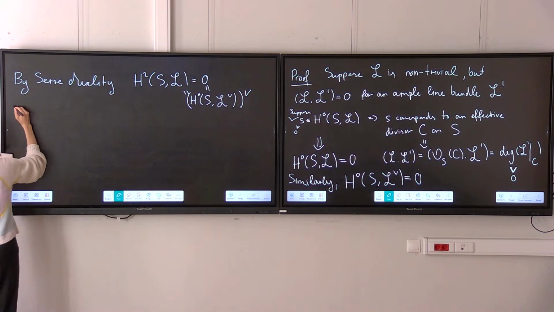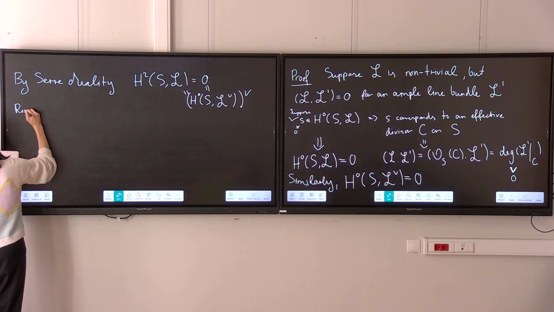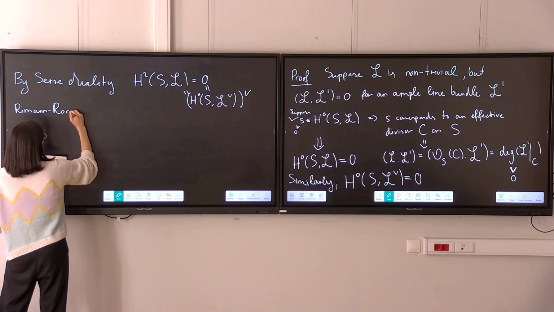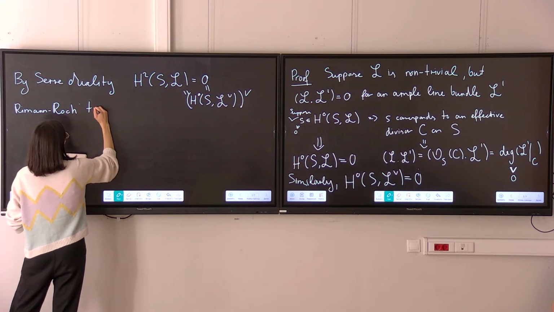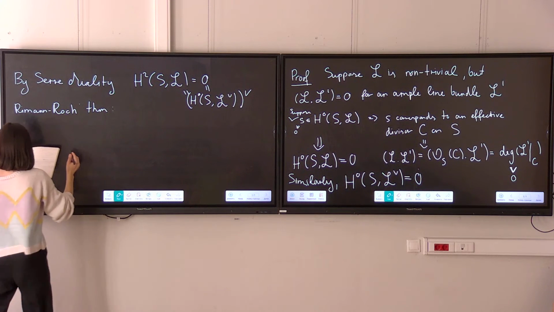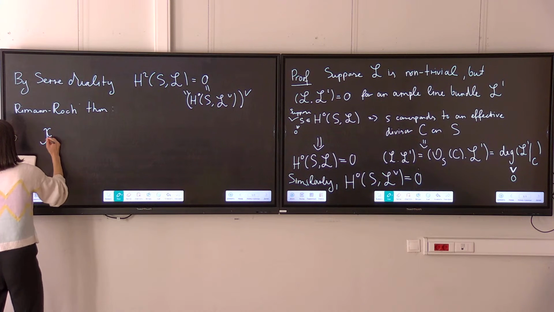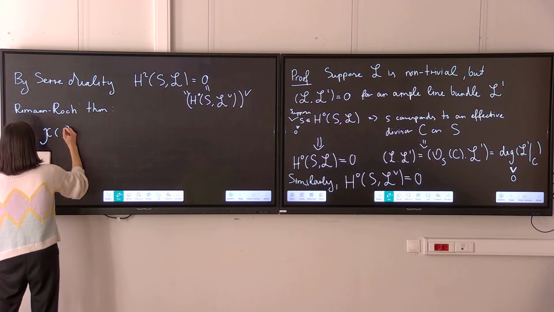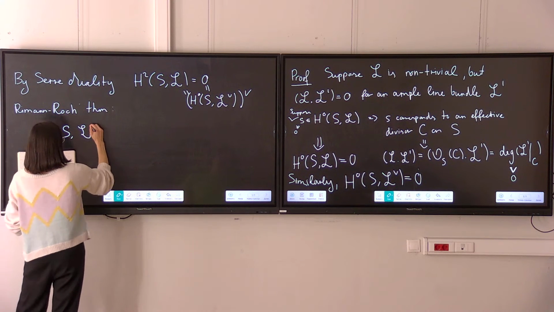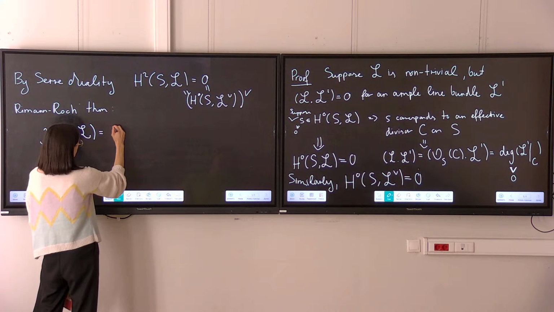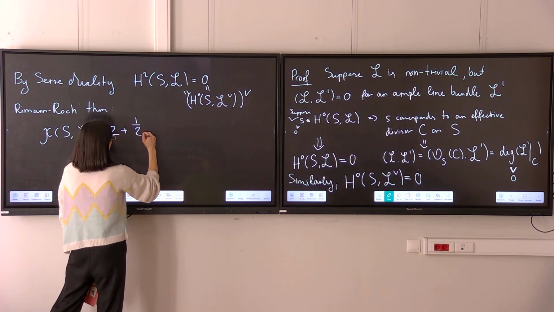And now by Riemann-Roch, the Riemann-Roch theorem tells that the Euler characteristic of a line bundle L is equal to 2 plus 1/2 of the self-intersection.